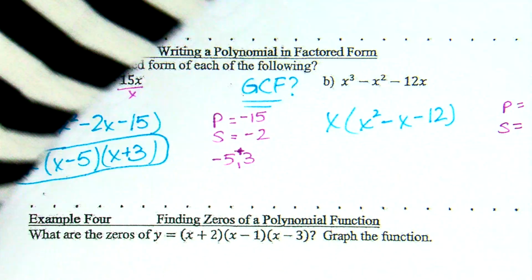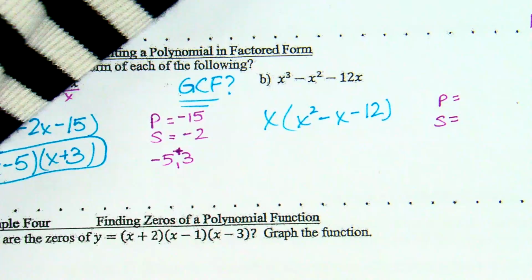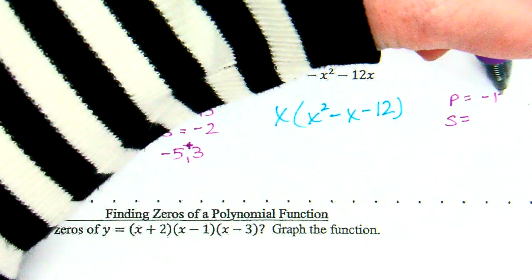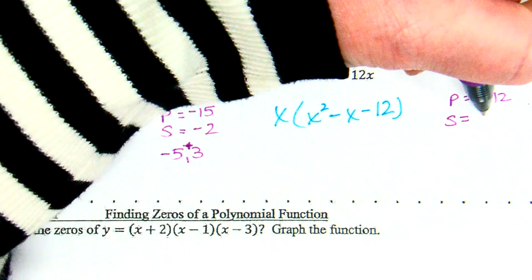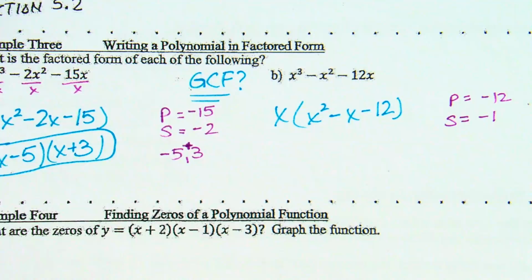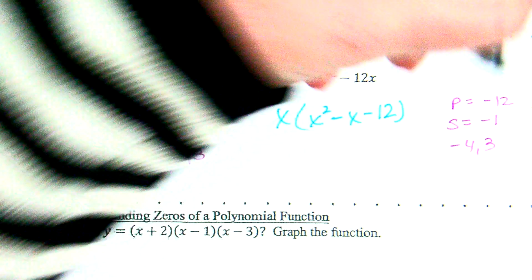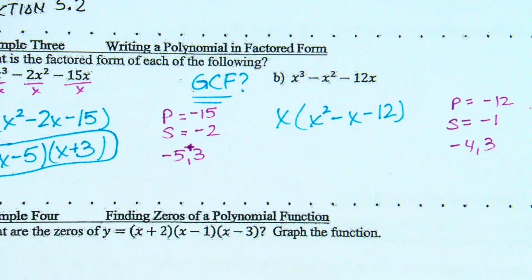Okay. Product of C term negative 12, sum of B term negative 1. What multiplies to be negative 12 and adds to be negative 1? Good. Negative 4, positive 3. Negative 4 times 3 is negative 12. Negative 4 plus 3 is negative 1.